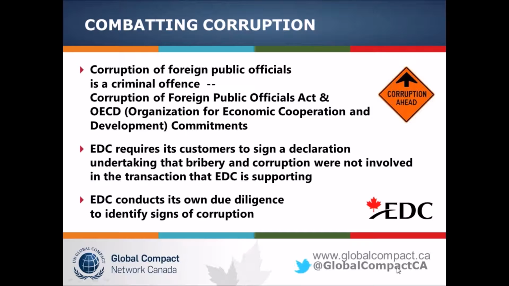So as a starting point, what we do is ask companies that are dealing with us to sign a declaration or an undertaking saying bribery or corruption was not involved in the business we're supporting. That is a first step.